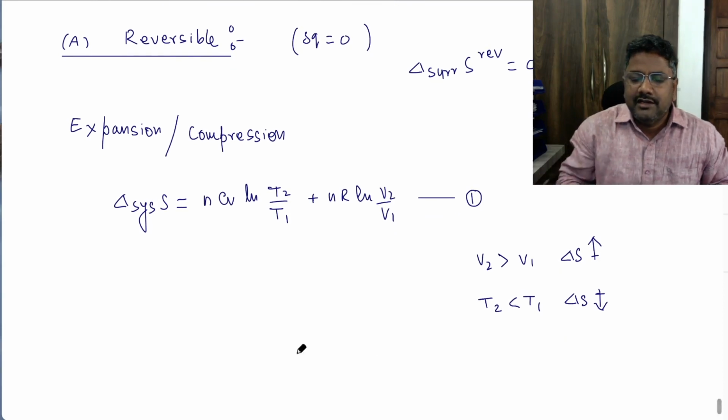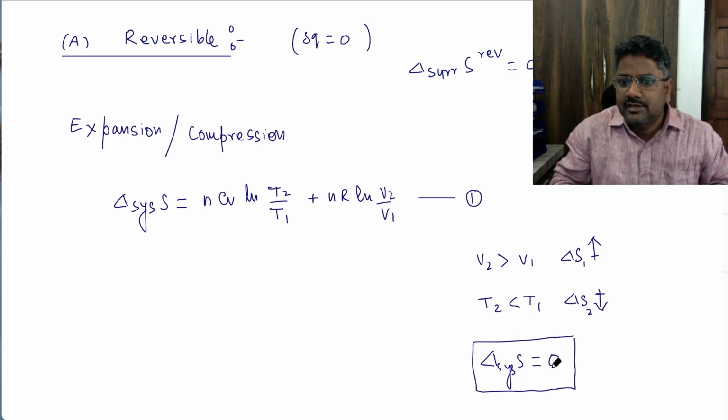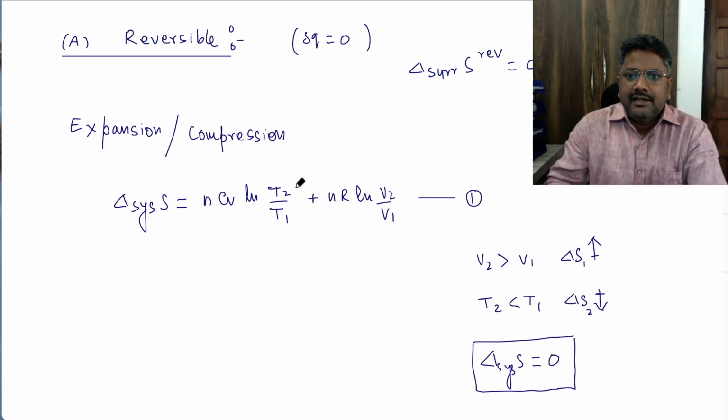So basically delta S system is equal to 0. Means what I am trying to say, the increase in volume increases the entropy, and the drop in temperature decreases the entropy, and these two terms exactly cancel each other, right?